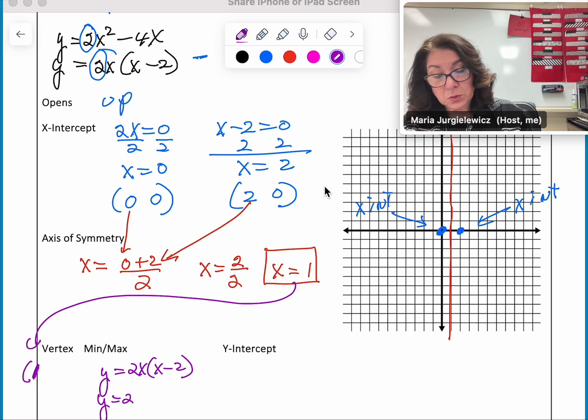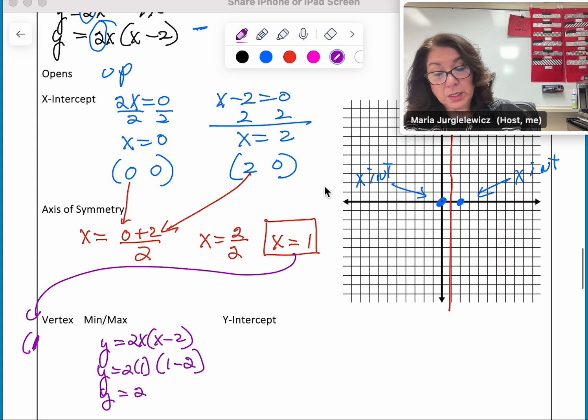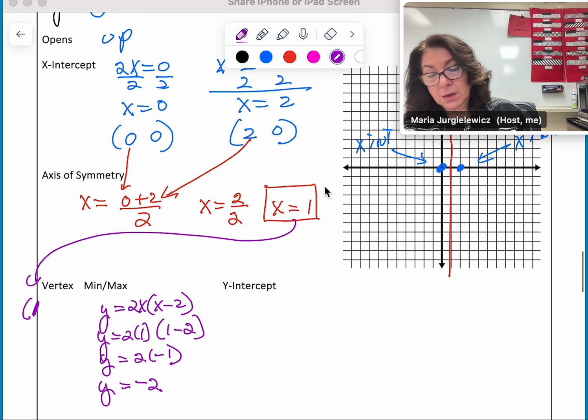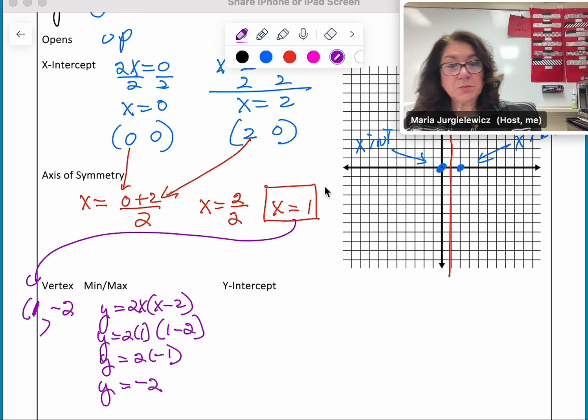So this is 2 times 1, and then 1 minus 2. Well, 2 times 1 is 2. 1 minus 2 is a negative 1. So y is equal to 2 times a negative 1, a negative 2. Okay, so there's my vertex. It is at 1, negative 2. There's my vertex.